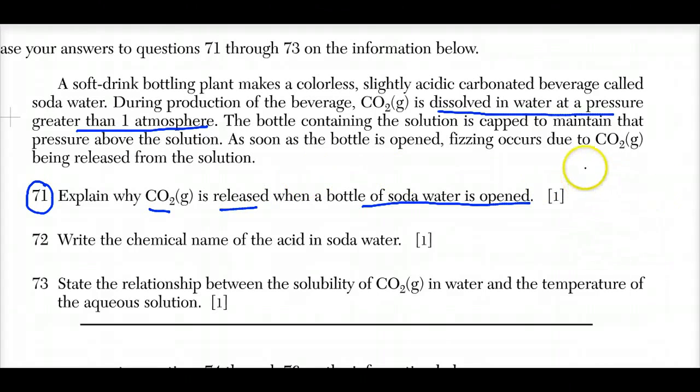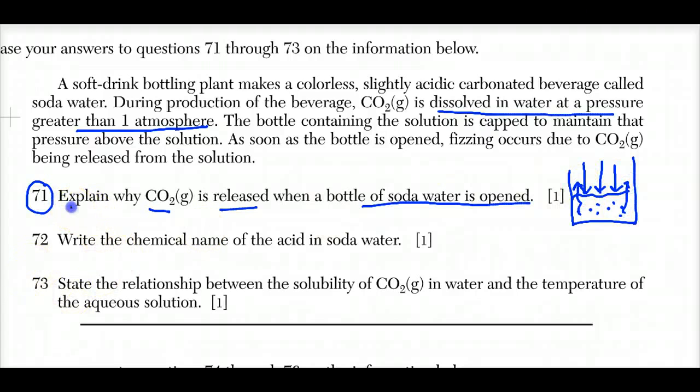And what you should know is gases are more soluble under a higher pressure. When you have a pressure that forces the gas into the liquid or keeps the gas from escaping because of the pressure on top, gases are more soluble under higher pressure. Open a soda bottle, and you'll see the bubbles go to the top because of the lower pressure.